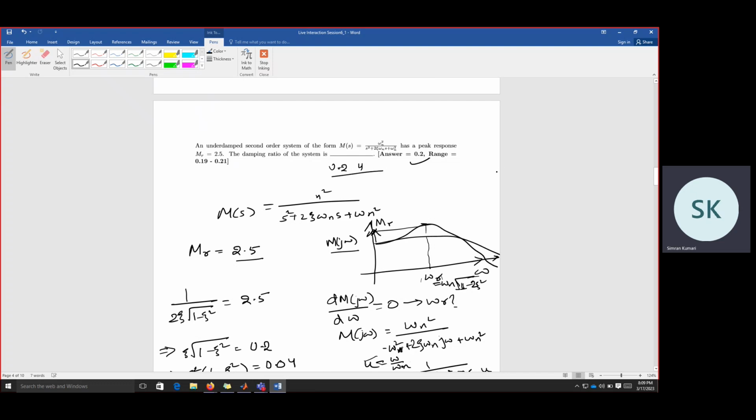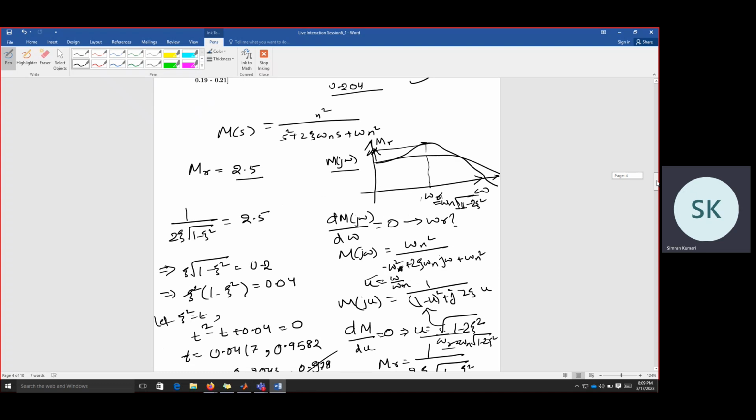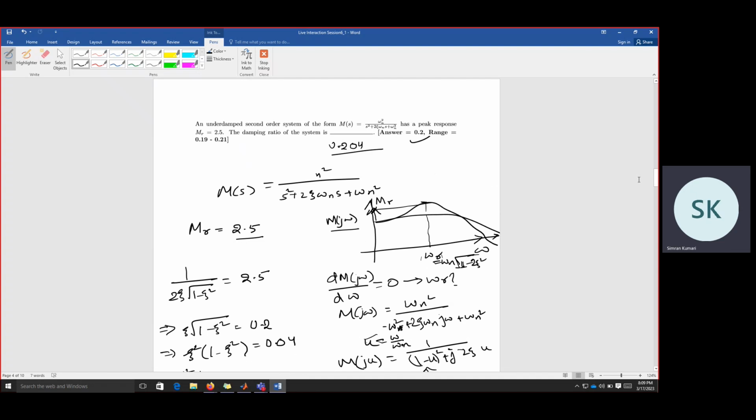Okay, so I hope this is clear. This is related to the frequency response of a second order system, because in second order systems we saw that there are various types of response. Like for step input, it can be critically damped, underdamped, then we had overdamped.